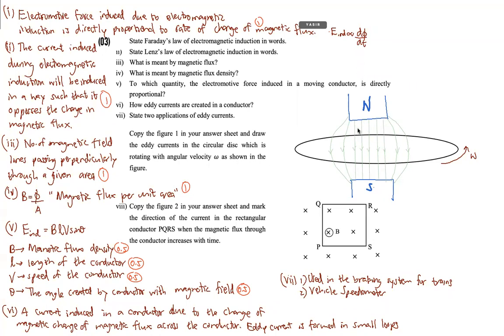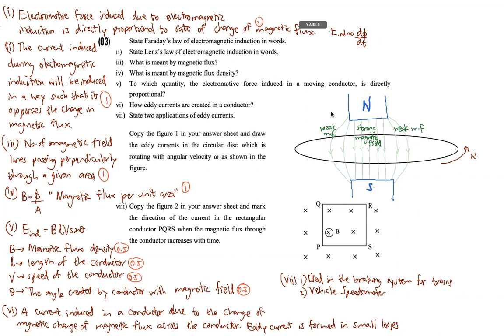We have a strong magnetic field inside. Why do I say that? Because the magnetic field lines are closer to each other. So strong magnetic field inside, and outside we have weak magnetic field. I just put MF to say magnetic field. Weak magnetic field. Here also, as you move outside of the magnet, you have a weak magnetic field.